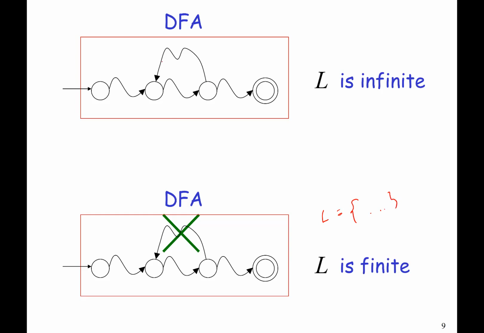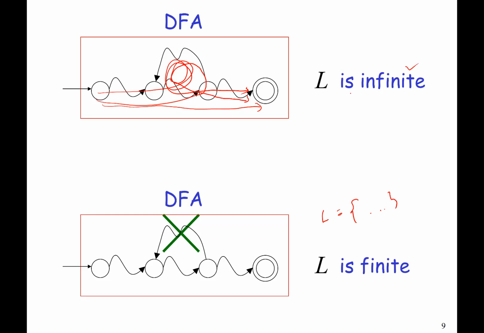But if there's a loop involved, then it's infinite. Because this string is in the language, and the string going around the loop once is in the language, and I can do it any number of times. So if there is a path from the initial state to the final state that passes through a loop, the language is infinite.